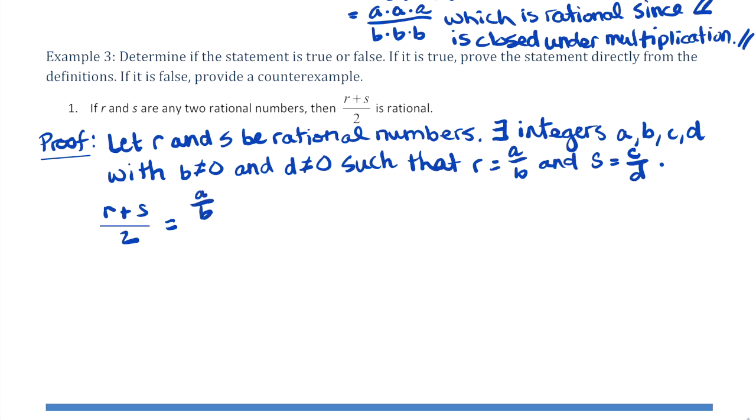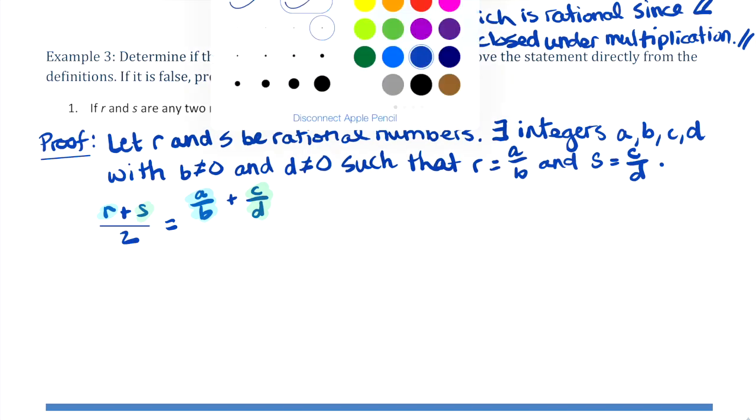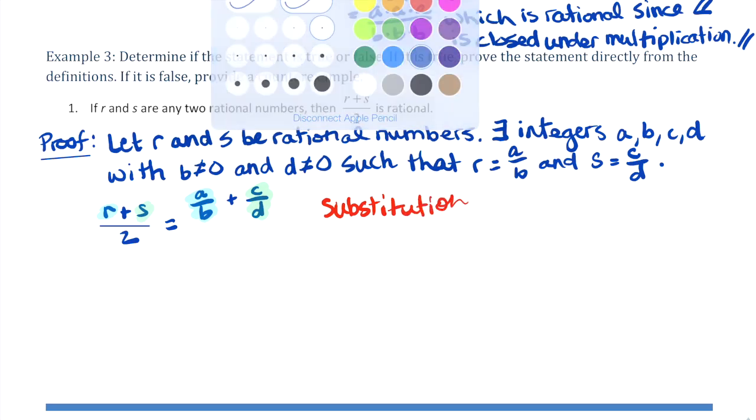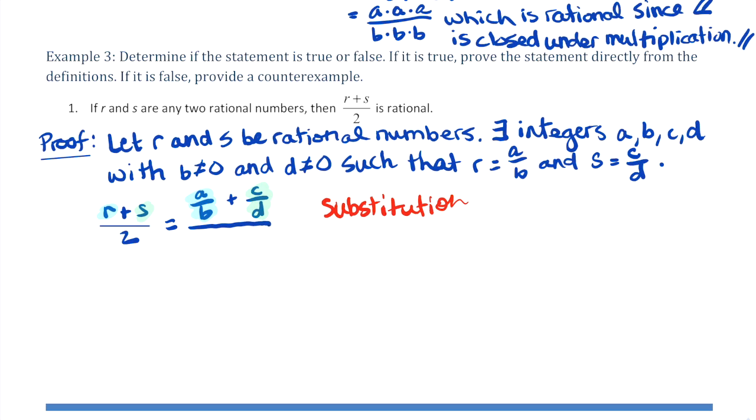R was equal to A over B, and S was equal to C over D. So all I'm doing is, in for R, I'm putting my A over B, and in for S, I'm putting the C over D. And again, this is going to be by substitution. Don't worry, I didn't forget about the 2. And then all of this will be over 2.